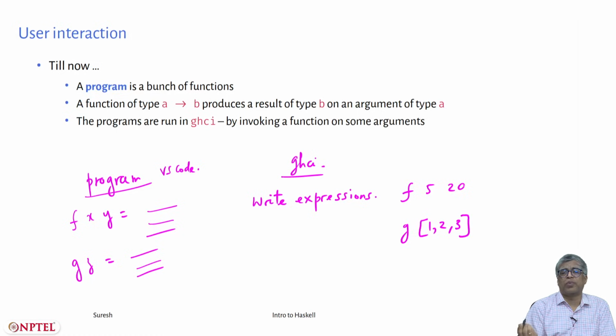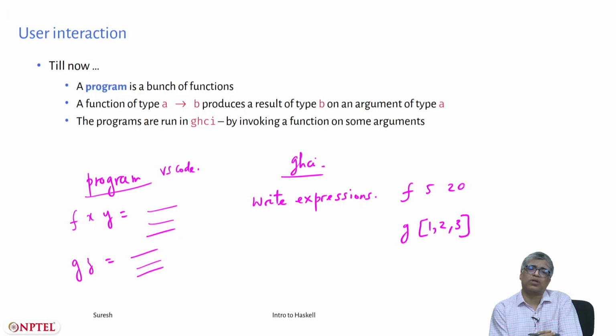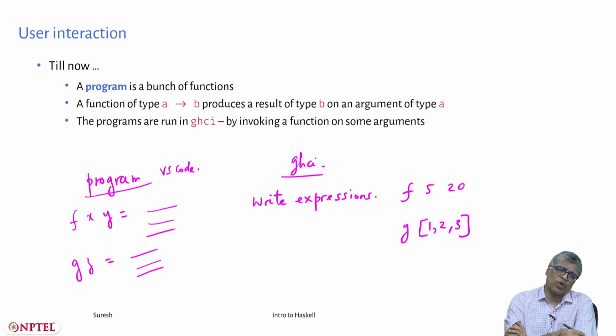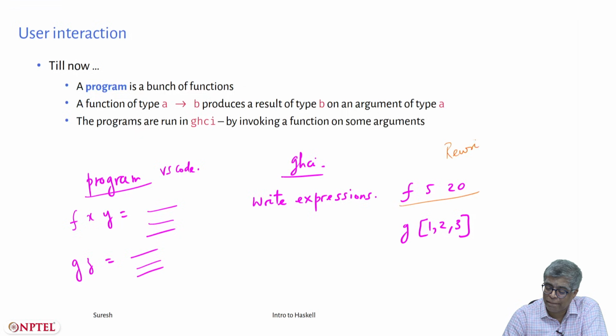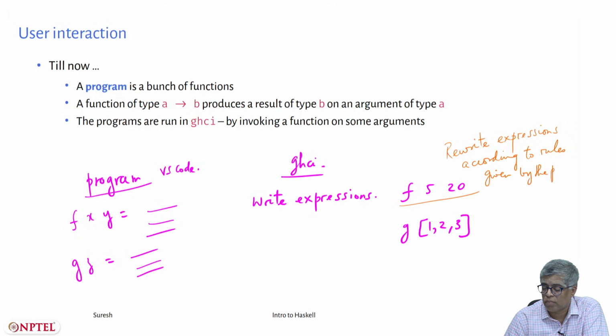And GHCI will execute the program, or rather, as we saw last time, it will treat the program as defining a bunch of rewrite rules. It will rewrite the expression according to the rules given by the program, and of course the built-in rules.